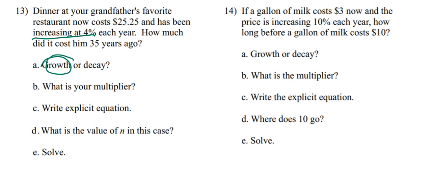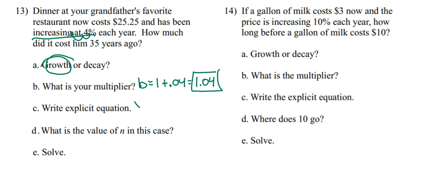What is your multiplier? It's going to be B equals 1 plus, again, 4%, two times to the left, it'll be 0.04. So it's going to be 1.04.